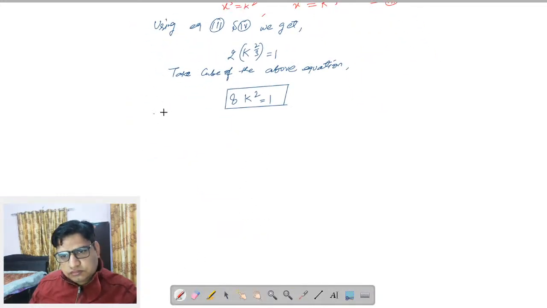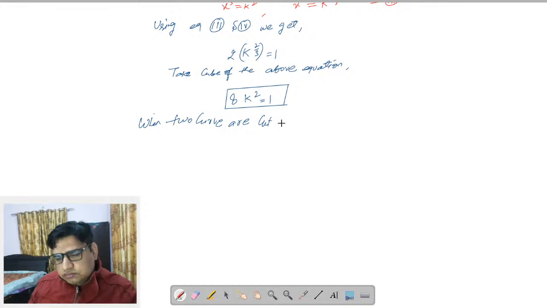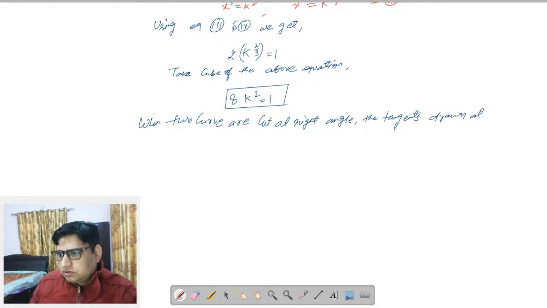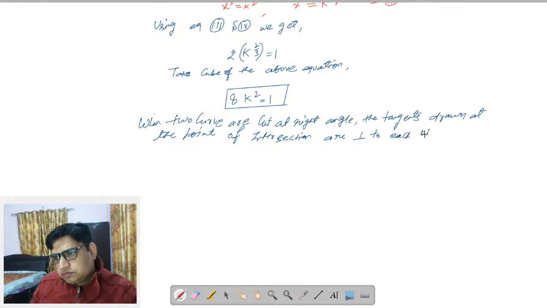So when two curves are intersecting, or you can say cut at right angle, the tangents drawn at the point of intersection are perpendicular to each other.